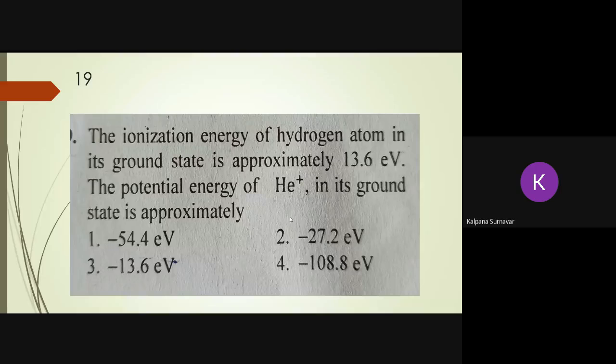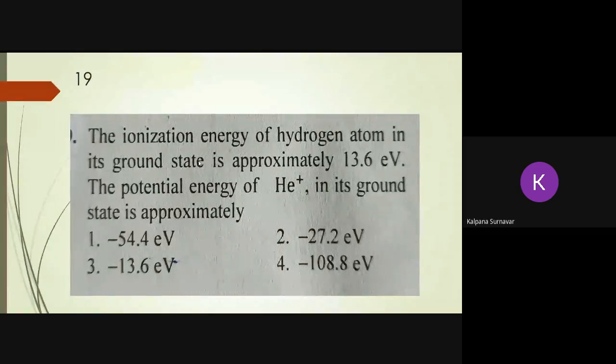See, again, such types of problems you will get in previous year papers. The same problem is asked for helium plus. The same problem is asked for lithium plus, and so on.